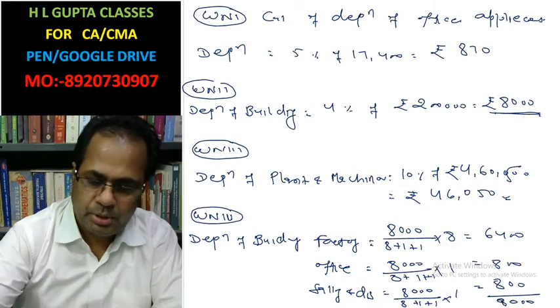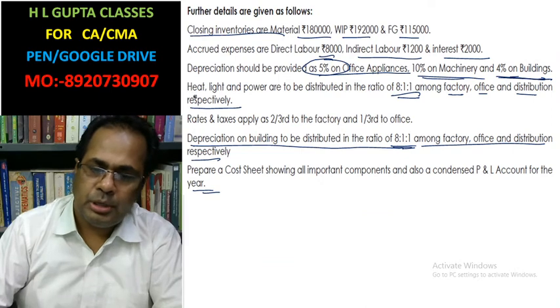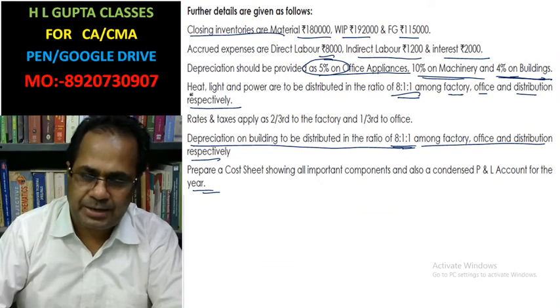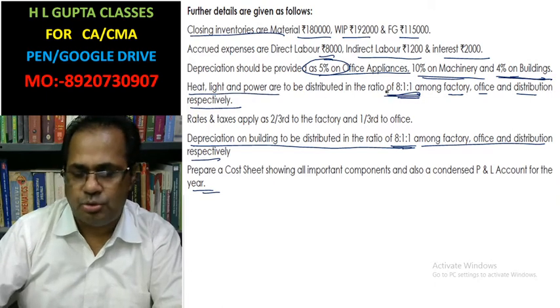Okay, now other expenses we have to distribute among the factory, office and distribution. Heat, light and power are in the ratio 8:1:1.